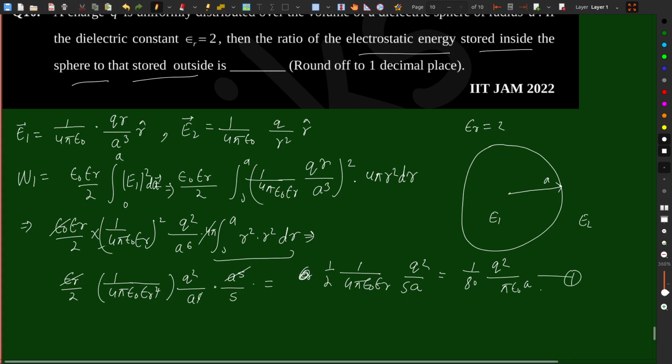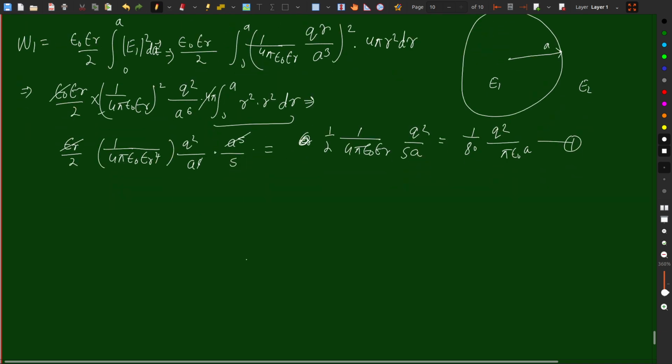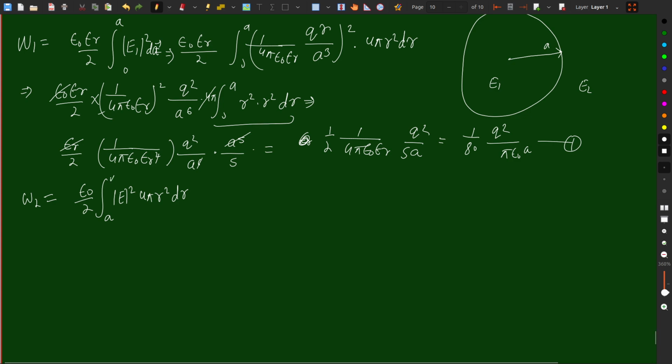This equation is 1. Let's calculate W2, the electrostatic energy outside. So W2 is given by epsilon naught by 2, mod E square and 4 pi r square dr, and this is from a to infinity.